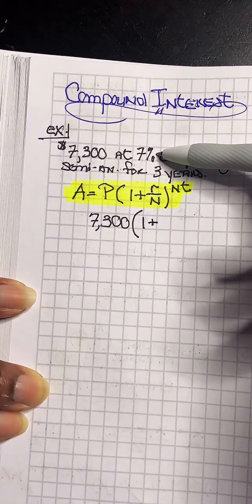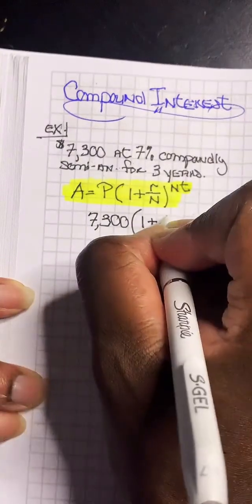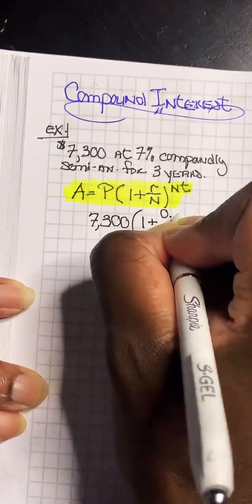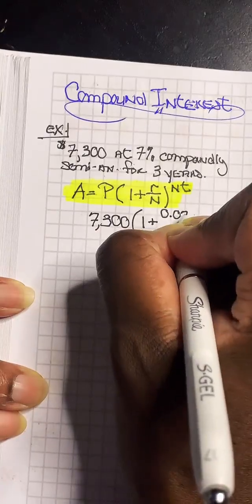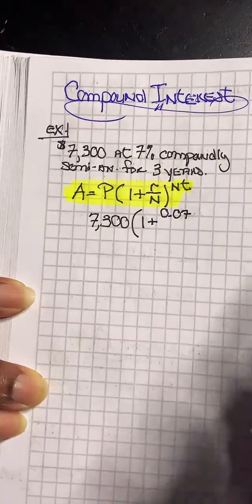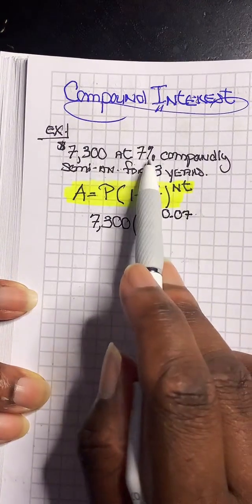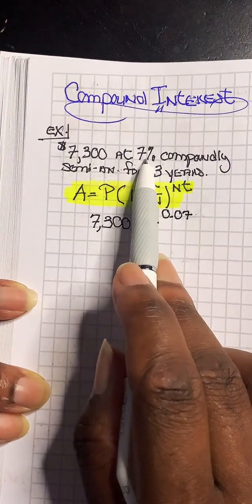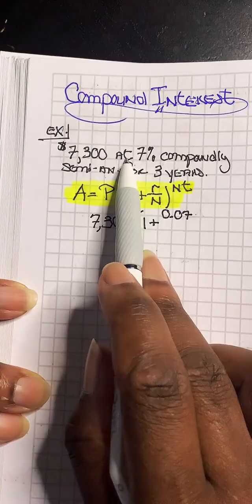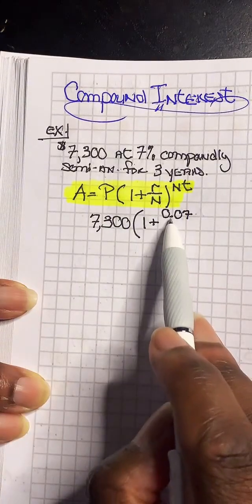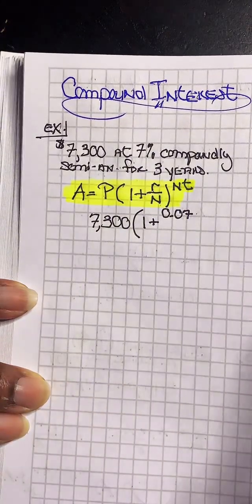What would that be as a decimal? 0.07. Good. Anytime it's a whole number, start where the percent sign is, move over 1, 2 decimal places. So that's where that 0.07 is.